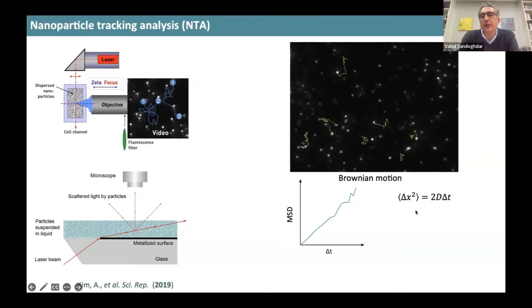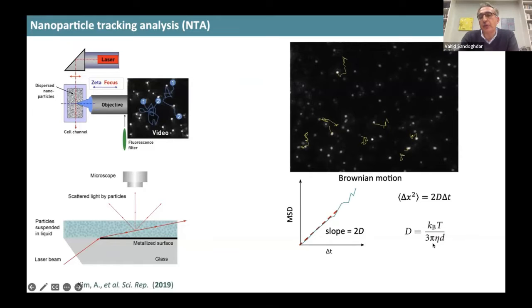And that way, following this simple equation, you can figure out what kind of diffusion constant you have. And the diffusion constant is directly proportional to the slope of this curve. Now, one knows from statistical physics that the diffusion constant is inversely proportional to the size of the nanoparticle.